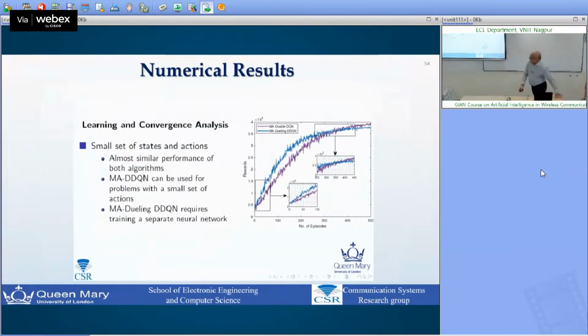Here again we can see the learning and convergence analysis. For a small set of states, both are almost the same. If you have only a few devices, there is no need to ignore insignificant states or actions.